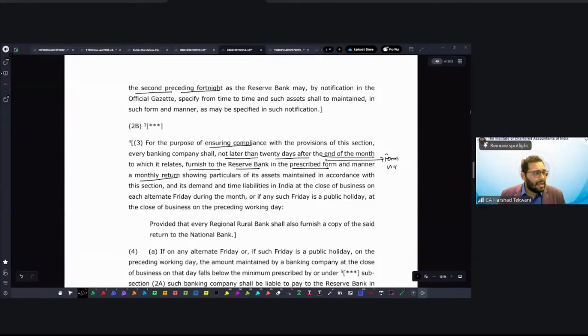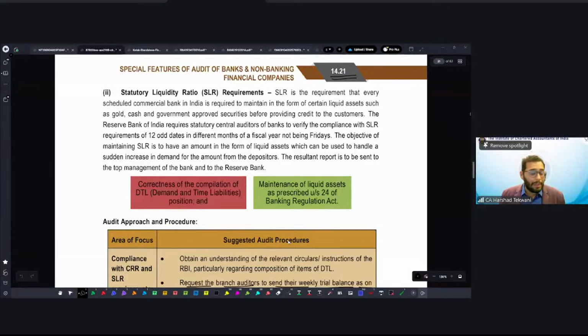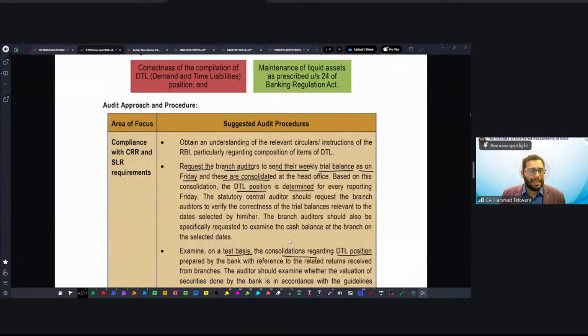So again, SLR requirements come from Section 24 of the Banking Regulation Act, and 18% is the current rate that the bank is required to maintain. Clear? So this is how you will audit the CRR and SLR portion.